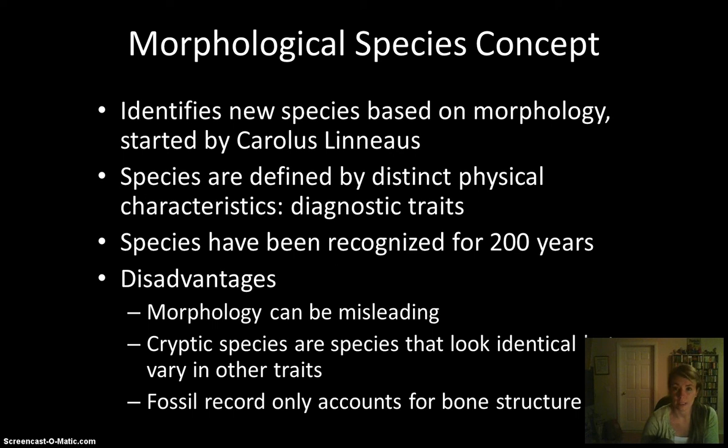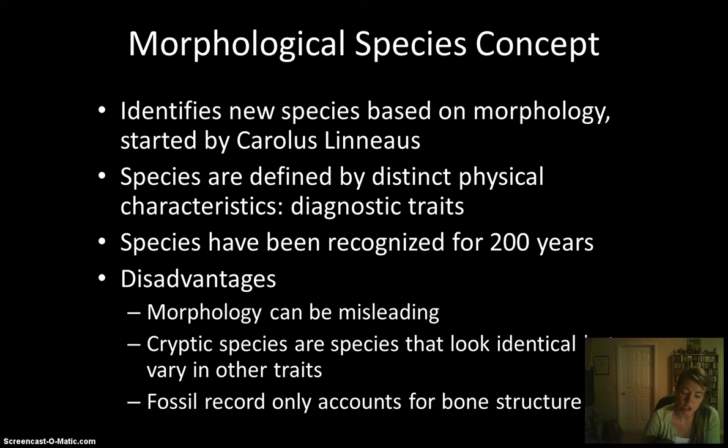So think of it this way: if you were going to group all things that had wings together, you would have birds, but you would also have bats, and you would also have insects and things like that. So you might think that just because birds and bats have wings, that they are closely related to each other, maybe even the same species. But in reality, we know that birds are birds and bats are mammals, and they are not closely related.